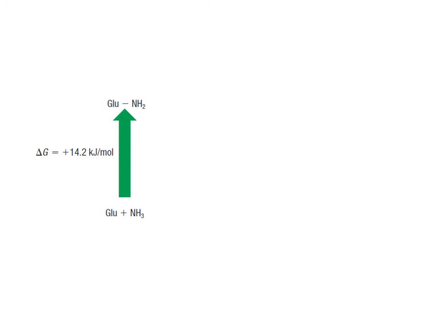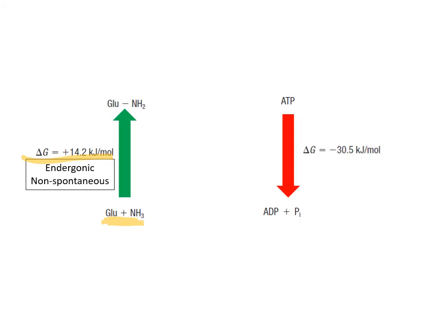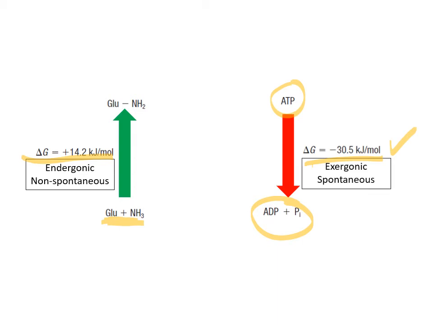Here it is in a more graphical sense. Again, this particular process of attaching the glutamic acid to ammonia is not spontaneous. You've got to put work in. It's got a positive delta G. We refer to that as an endergonic process, also a non-spontaneous process, positive delta G, all the same thing. But we know that if you take ATP and remove the phosphate group from it, that is a spontaneous reaction. That will happen on its own. It is an exergonic process.